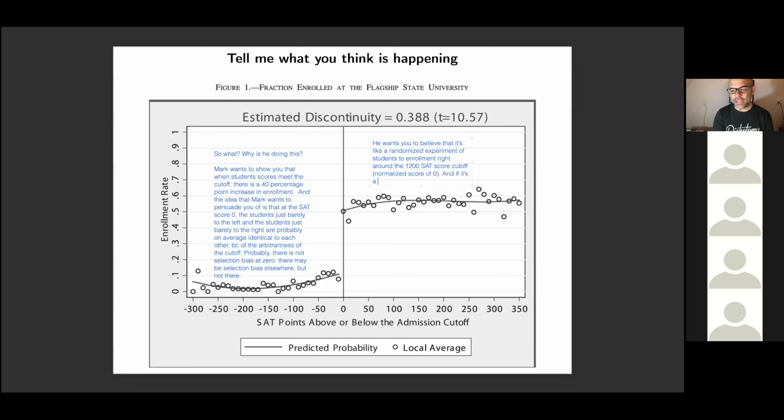And if it's a randomized experiment at 0, then we've randomly assigned enrollment to the University of Florida, and we can then examine the causal effect of enrollment on other student outcomes.